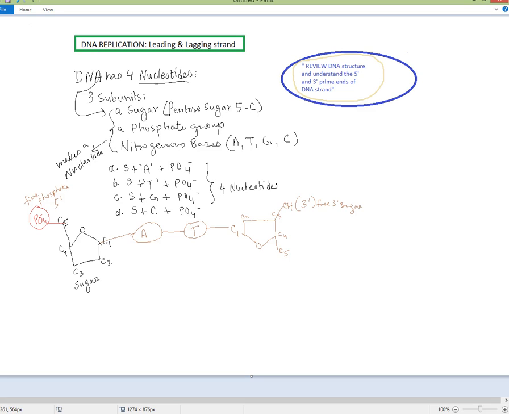So now about the structure, let's magnify this. The adenine is a 2-cyclic compound. There are 2 cyclic compounds, so the structure is like this. There's a double bond here.